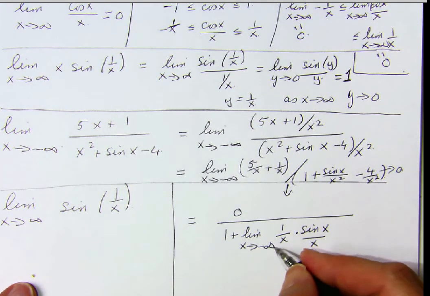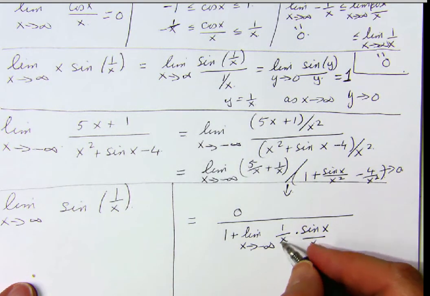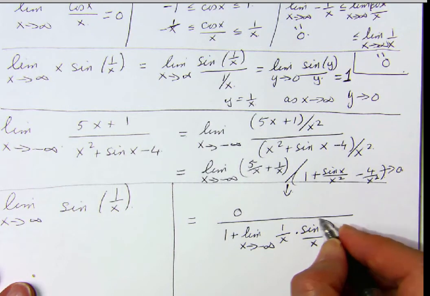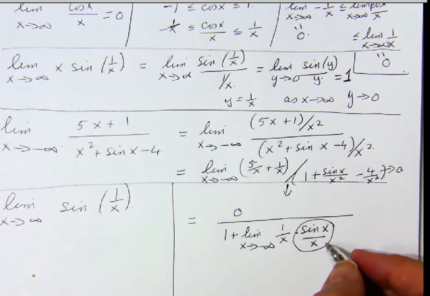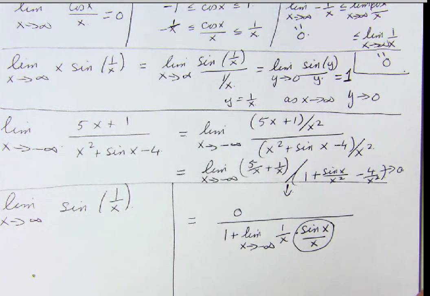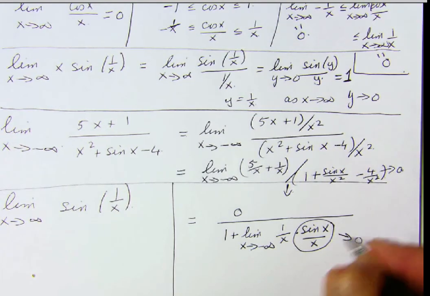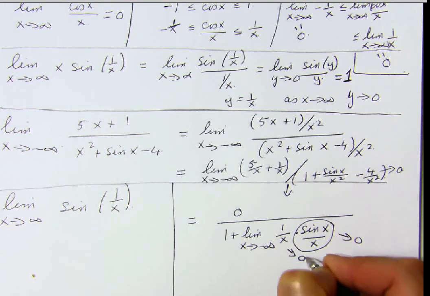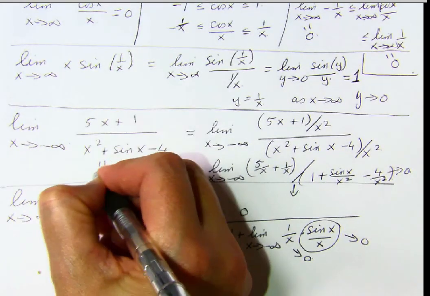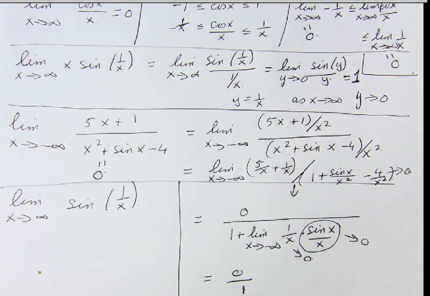Well, the limit as x approaches negative infinity, 1 over x is going to 0, and sine of x over x is also going to 0 by the Squeeze theorem. So both of these are going to 0, so this limit is 0. So our limit is 0 over 1, which is 0, and we're done.